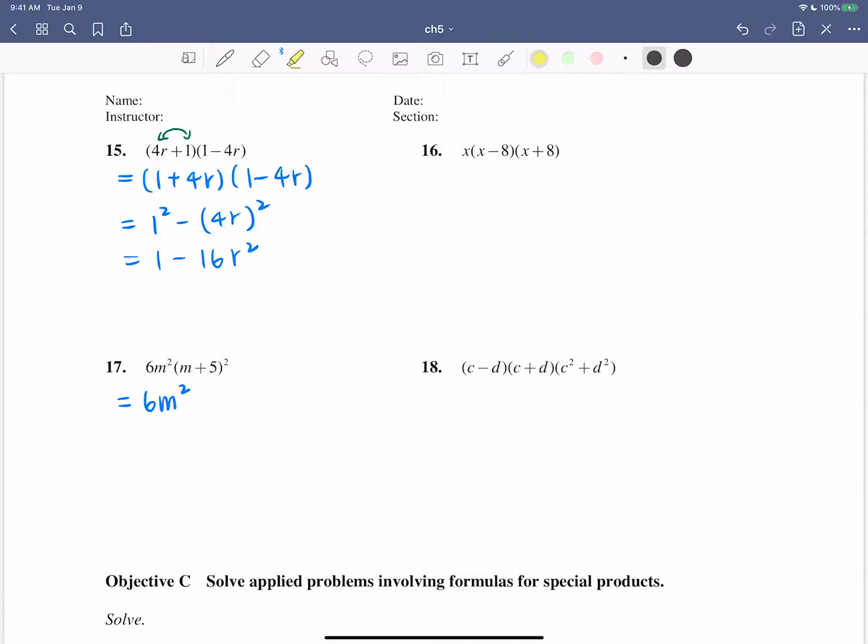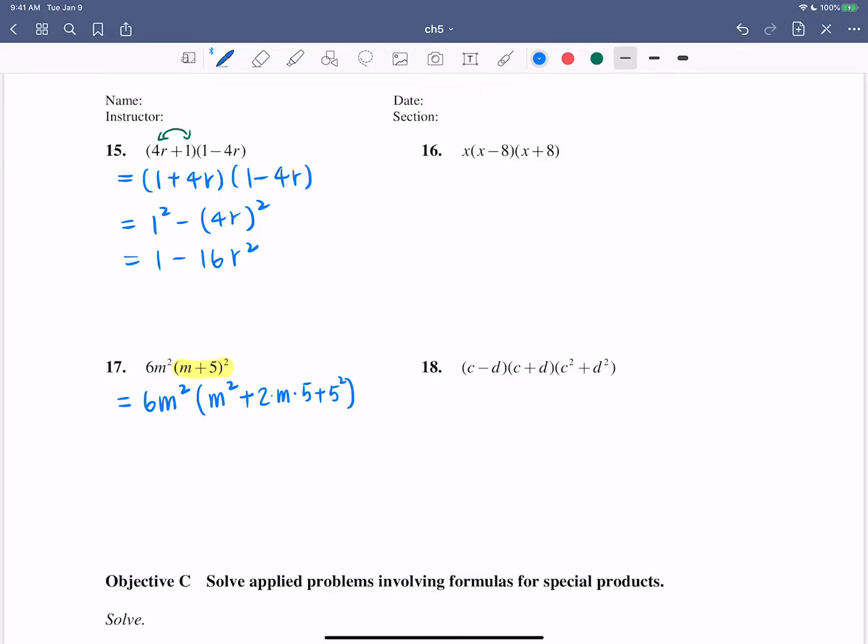And then I'm going to apply the formula a plus b squared for this part, m plus 5 squared. Put a grouping symbol, and then inside, square the first term, m squared, and then double the product. So plus 2 times m times 5, and square the second term, 5 squared.